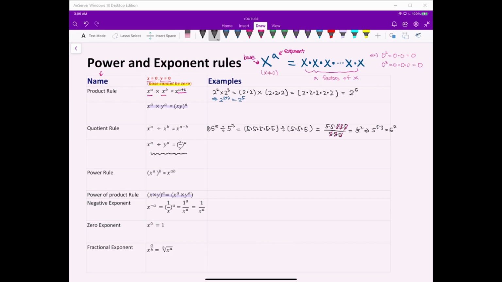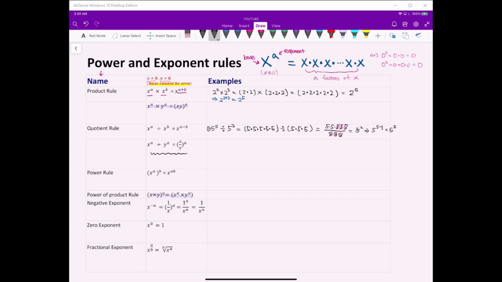The rule below, with x to the a power divided by y to the a power, looks similar to the quotient rule, but this rule has the same exponent with different base values.